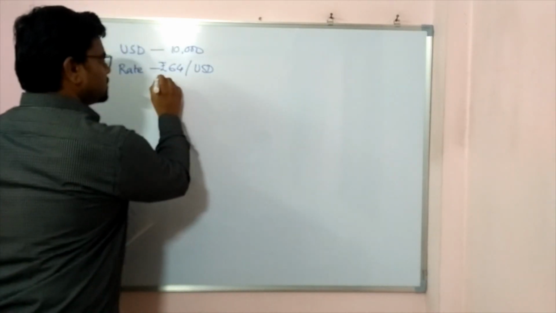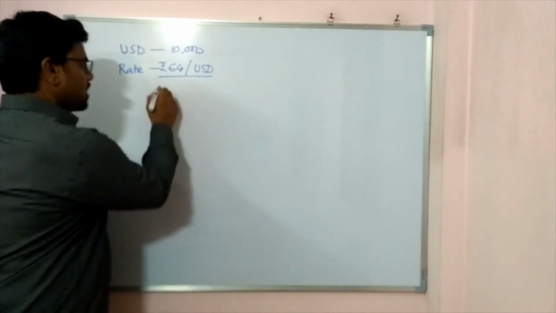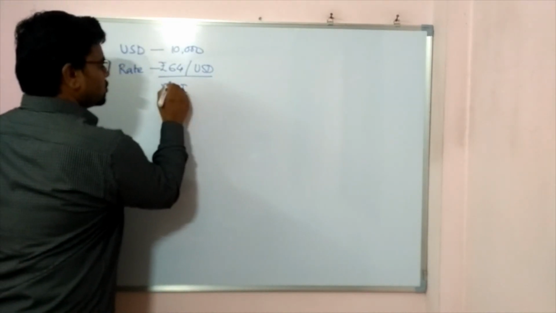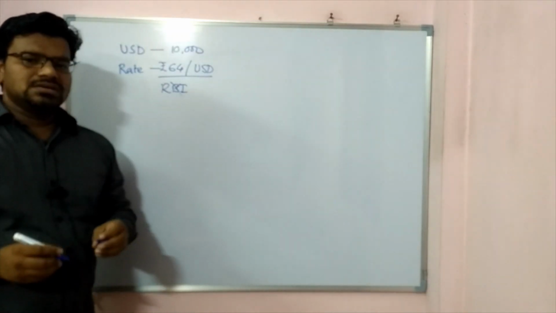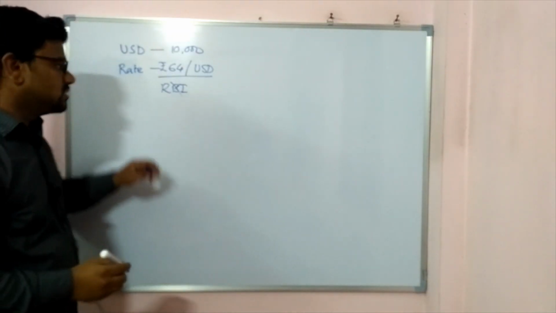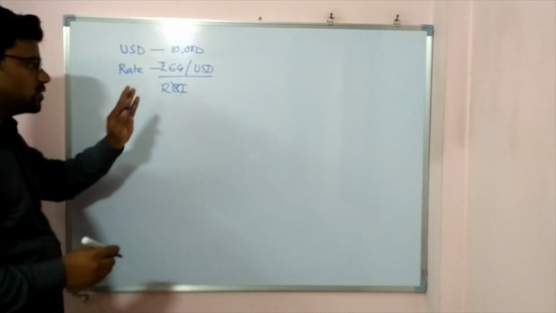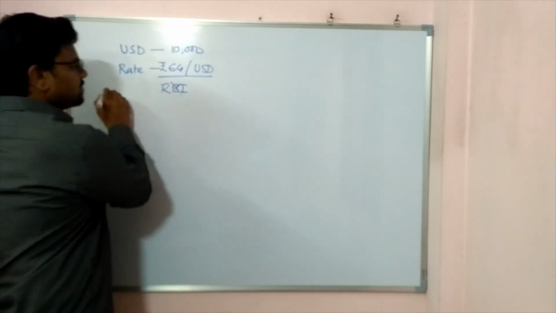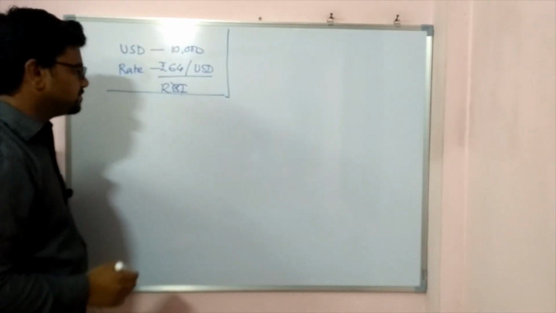Now I don't know whether this rate 64 is the RBI reference rate or not. I really don't know. But when only one rate is given, it is our assumption that it is the RBI reference rate. Okay, there is no second rate. So with this simple example, we will solve this question.